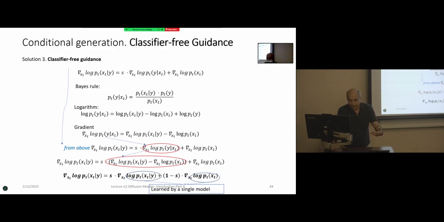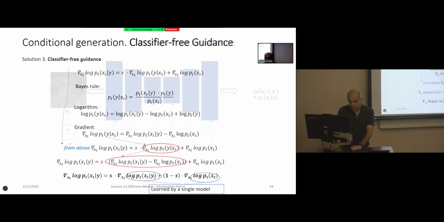the image. So it's different than the other class we were looking at, which is shown here, where we are given an image and we want to find out what class it is. So this is the classifier. Now here is classifier-free, because this is very similar to this one, but only the condition y.